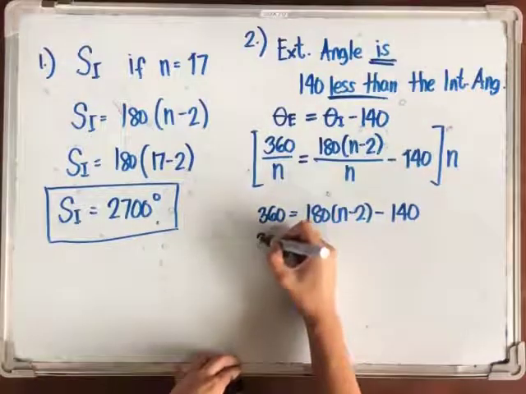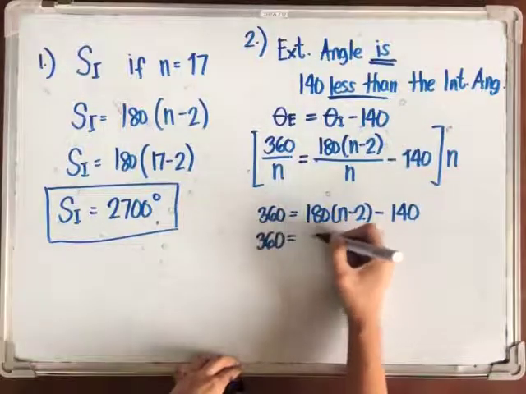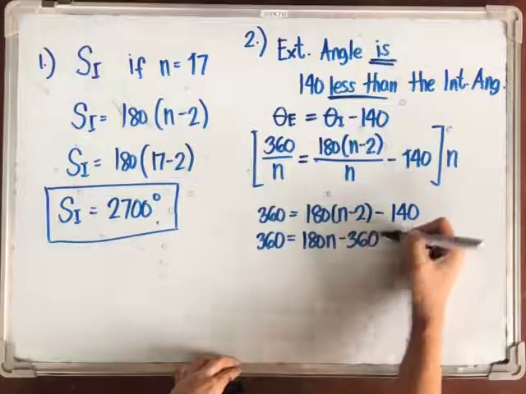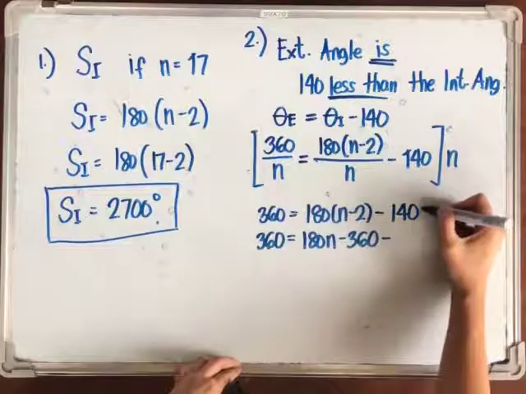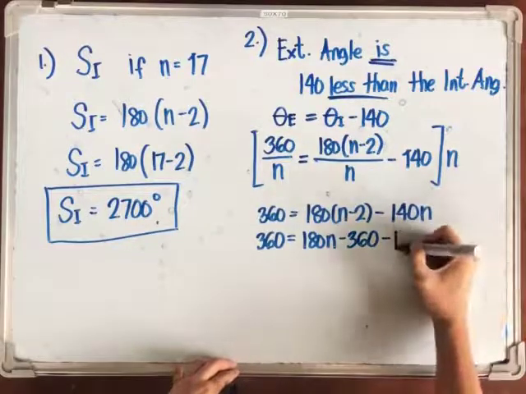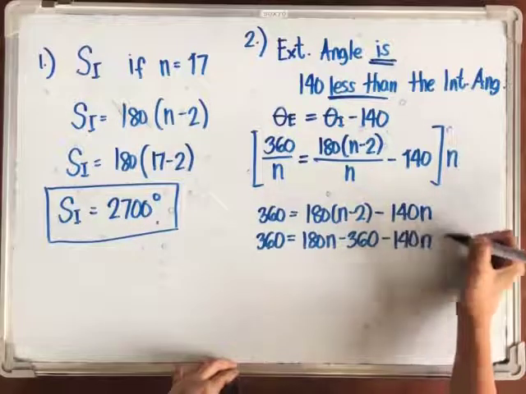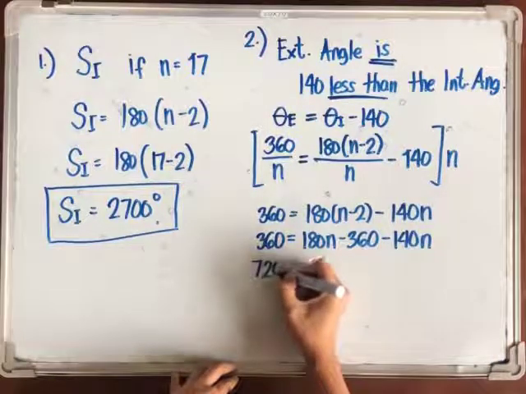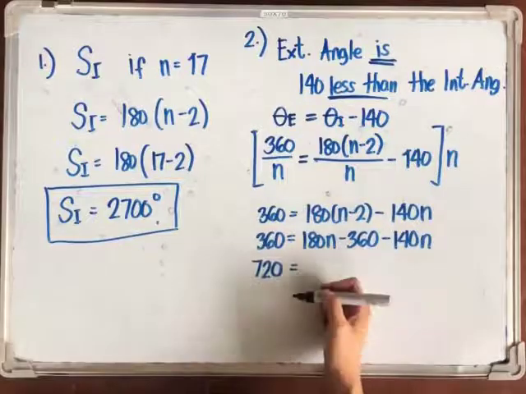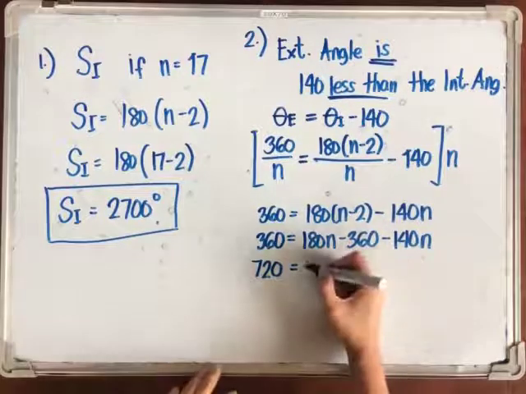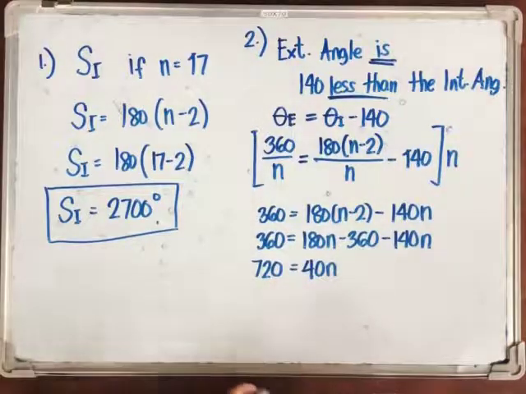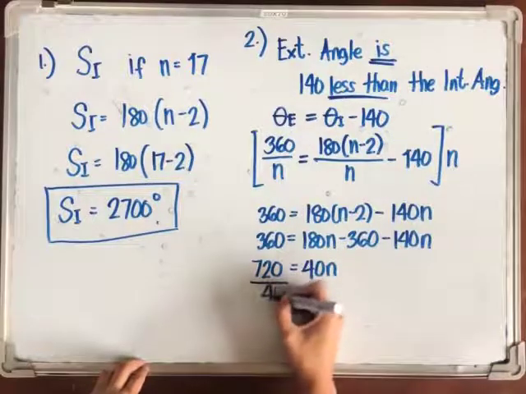Okay? Simplifying it further now, you have 360 here, 180n minus 360 minus, oh, I'm sorry, this is 140n minus 140n. Moving this on to the other side, that would give us 360 plus 360 is 720. Simplifying 180 minus 140 is 40n. Okay? And then, now we can divide 40 on both sides.